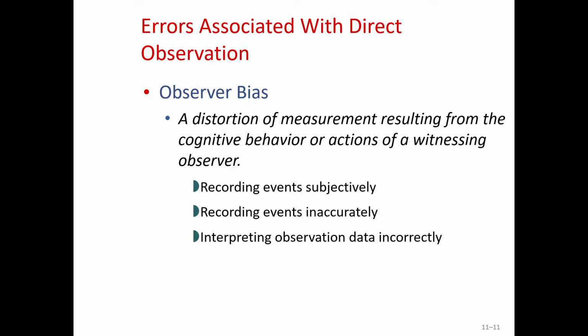Even if observers subjectively attribute a particular economic status, educational background or age, this distortion of measurement resulting from the cognitive behavior or action of a witnessing observer is called observer bias.